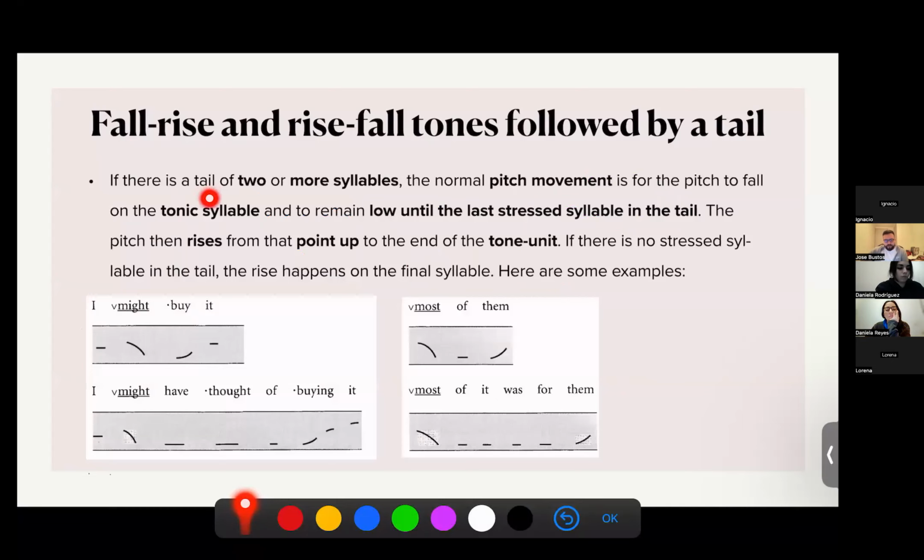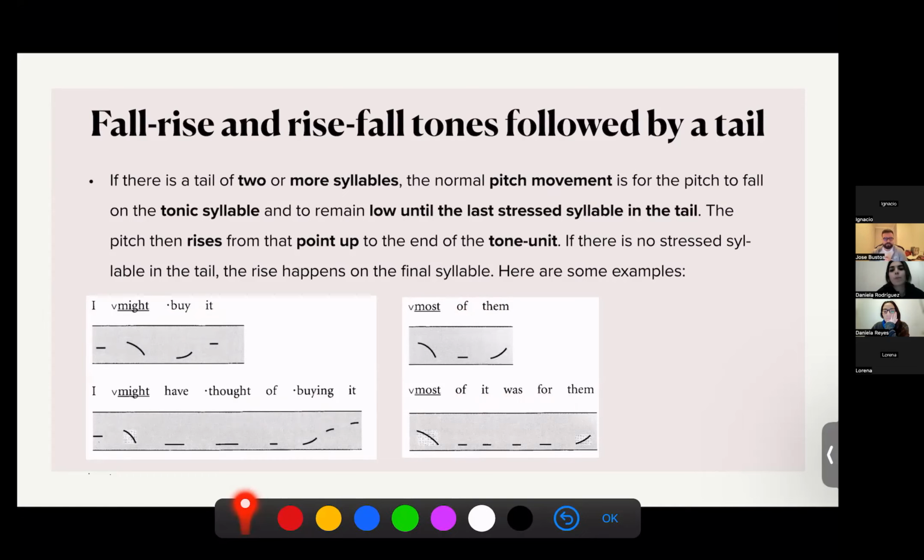Now, if there is a tail of 2 or more syllables, for example, "buy it," "have thought of buying it," "of them," "of it was for them." Remember, in the tail we are going to have more syllables. Those are the syllables.